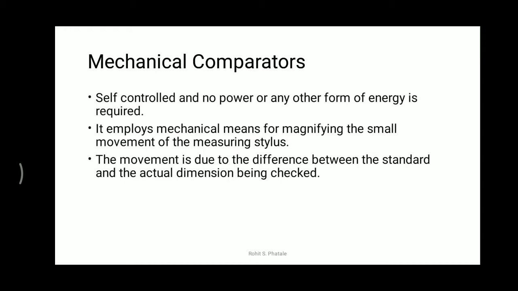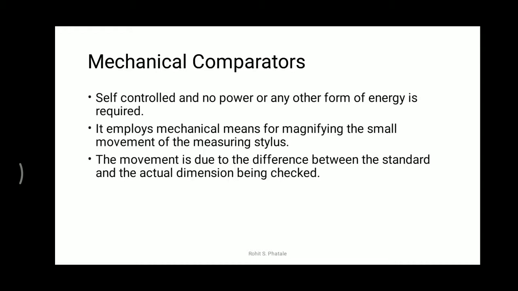There may be a tolerance of plus or minus 0.5 mm. Generally that much tolerance is provided when we manufacture two mating parts. So in order to check and compare the standard dimensions and the actual dimensions, we need these mechanical comparators.